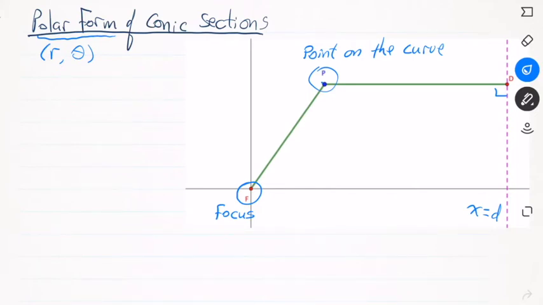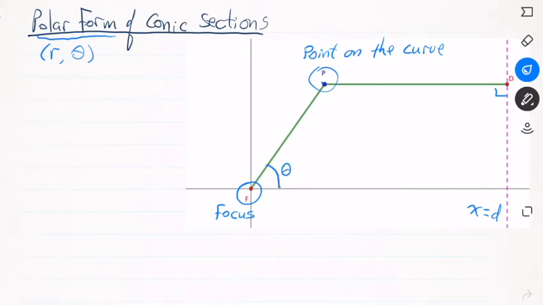So if we wanted to come up with the ones that go up and down, we would just need to move the directrix to be y equals d. And that comes up with a whole other equation, but we'll talk about that very generally after we get this one set up. So to make this a polar form, we're going to need a theta.